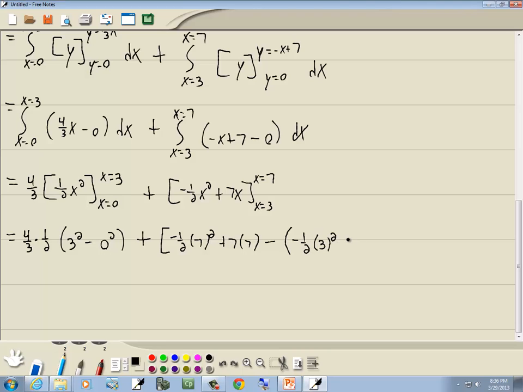So 3 squared plus 7 times 3. Well, 0 squared drops away. This 2 reduces with this 4, so that gives us 2/3.